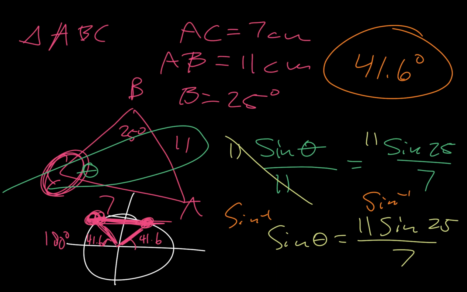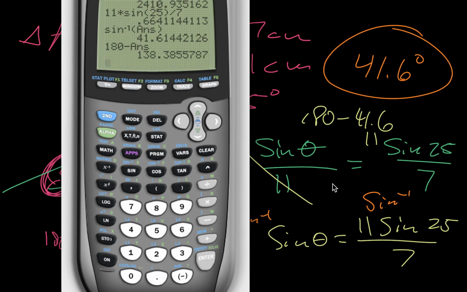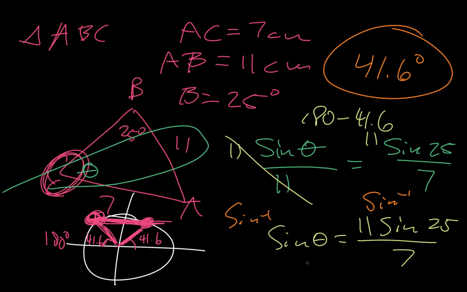And so we're going to do that. We're just going to say 180 minus 41.6. So 180 minus our answer, so 138.4.